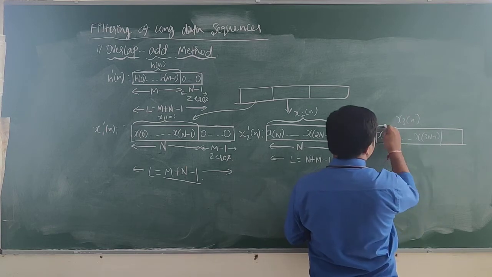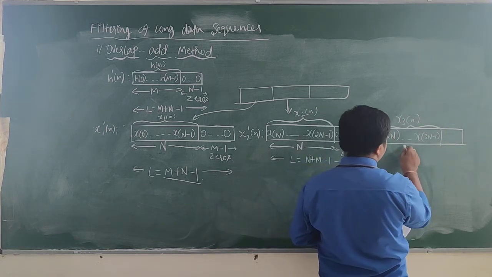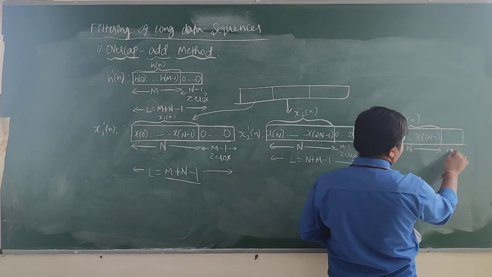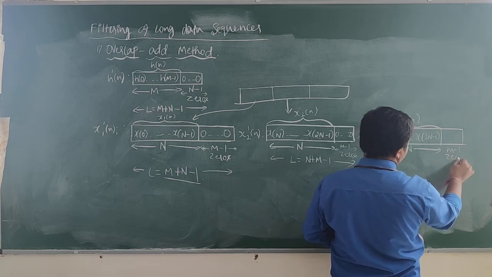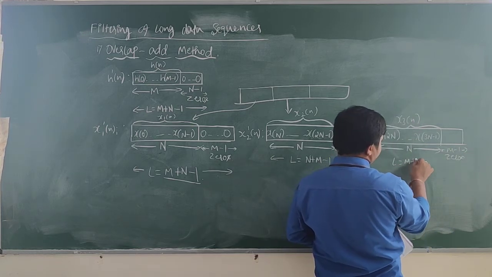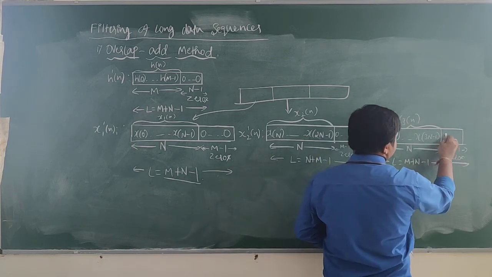So this is x3 of n, which has length n. Again I need to add m minus 1 zeros to make the length L equal to m plus n minus 1.